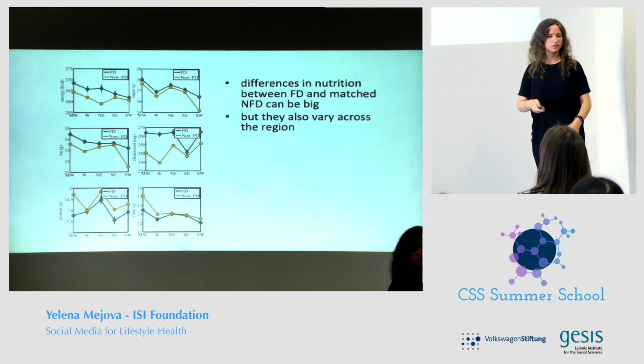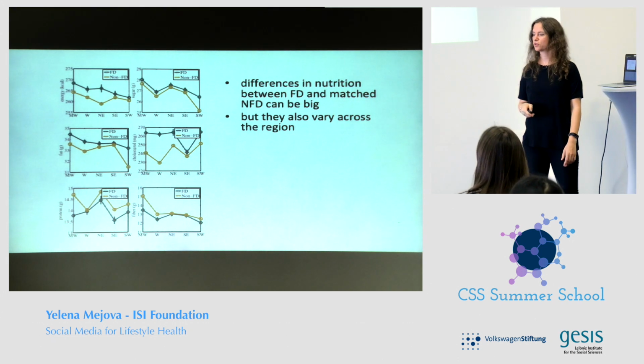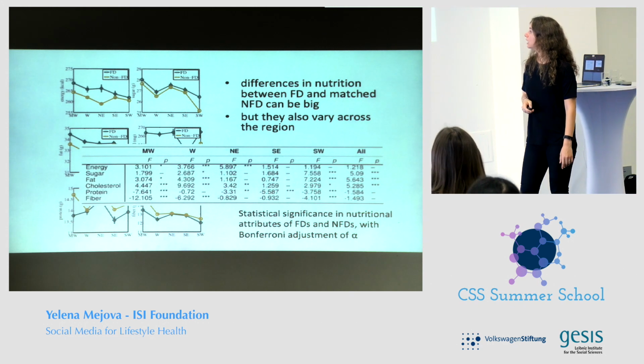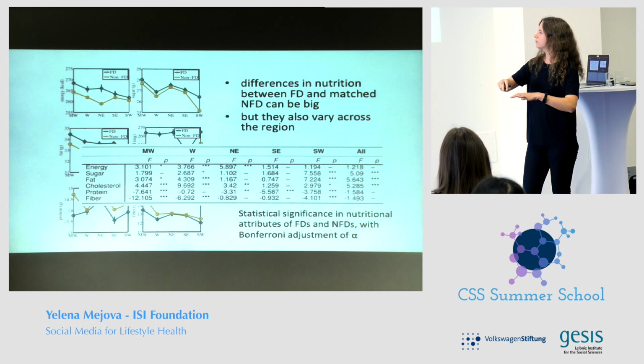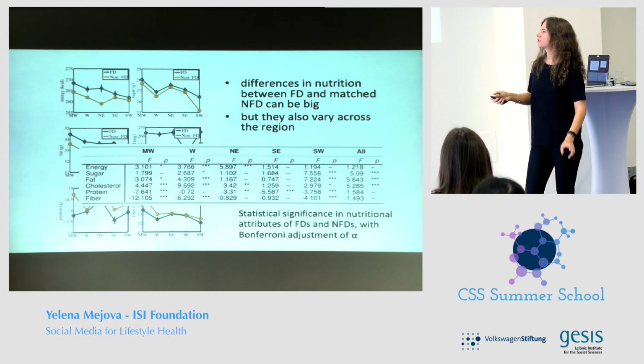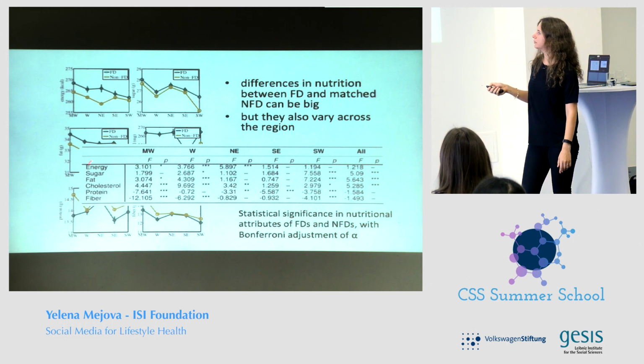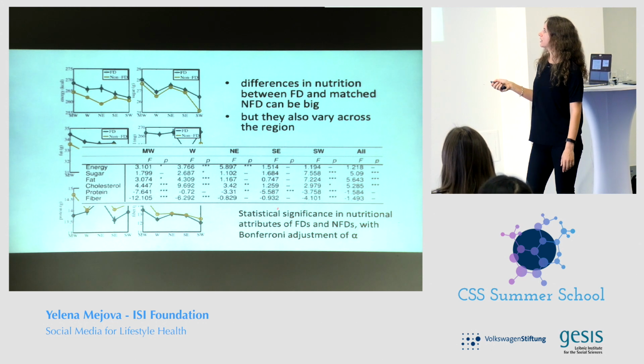So sometimes subdividing your data set into smaller bits can be helpful. And then you can say, can we separate these areas by these nutritional values? So then you can say, in the Southeast, actually the difference is not that big in what people eat, but in the West it is very big, nutritionally speaking.